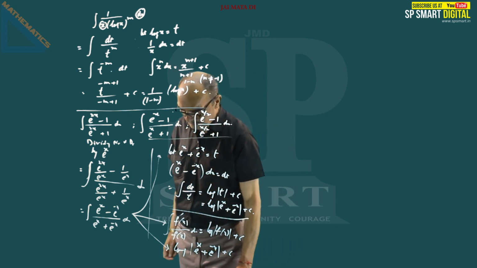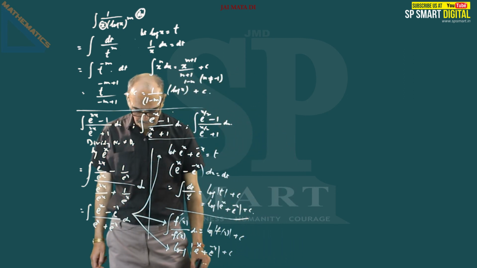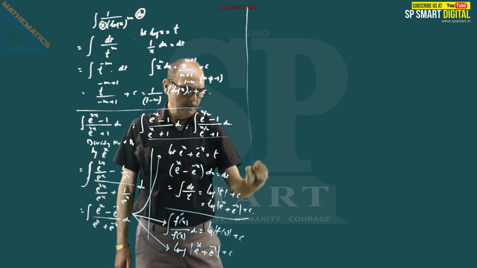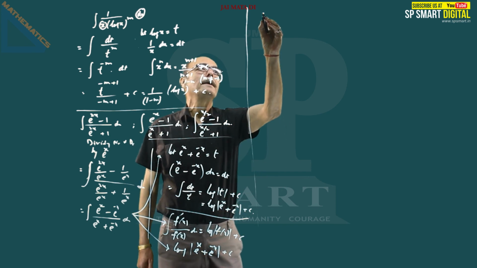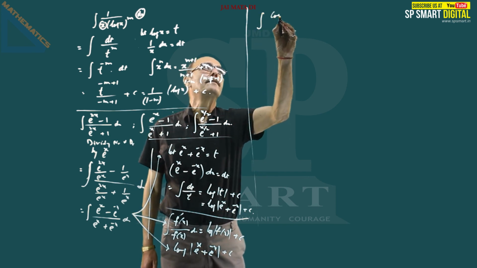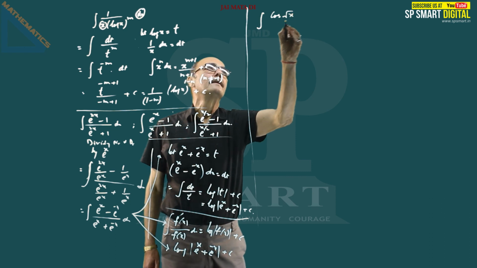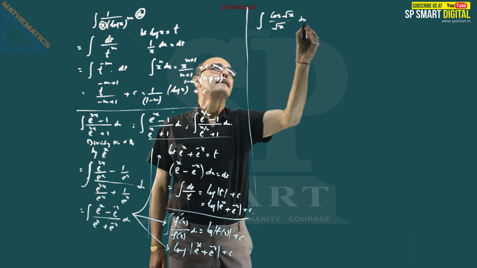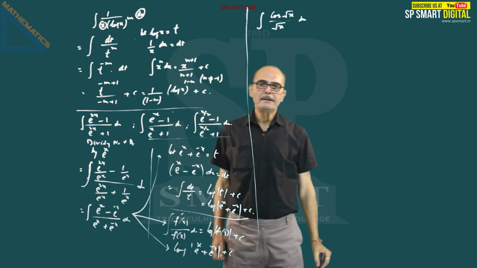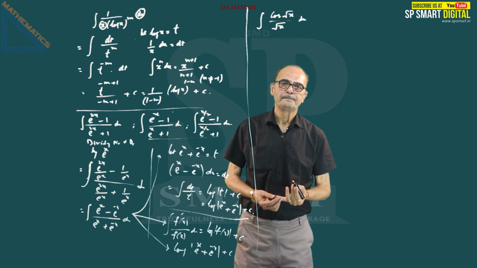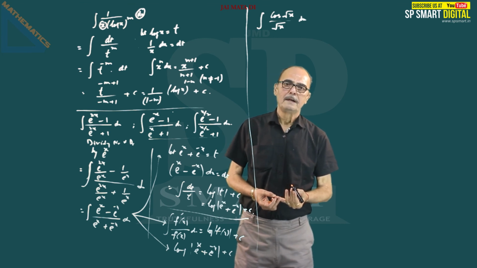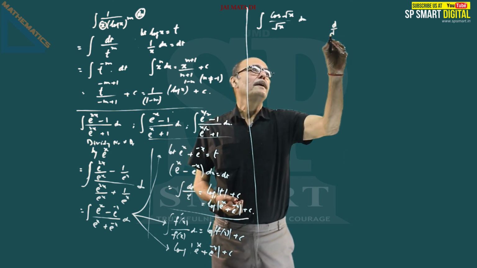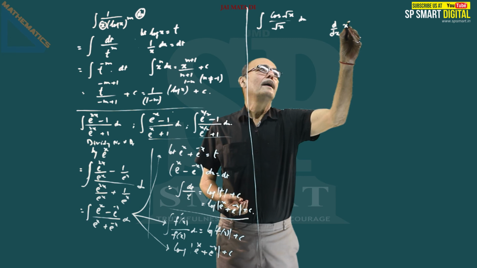Next, we take up the problem integral of cos of root x divided by root x and d of x. In the denominator we have root x, 1 by root x I should say, which is related to the derivative of under root of x, d upon dx of under root of x.